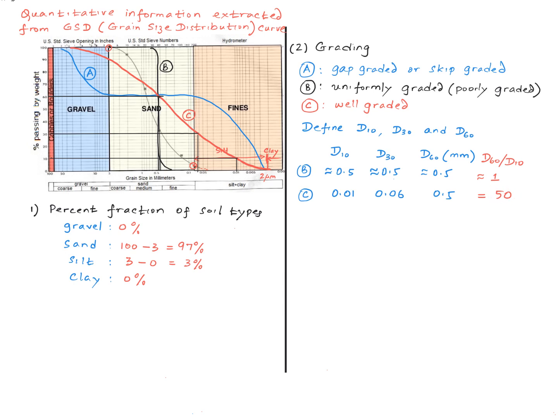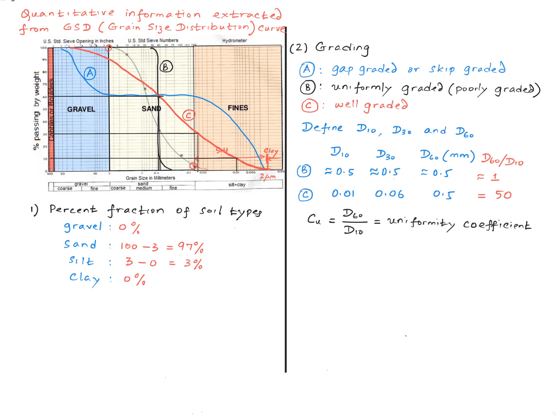Now remember, soil with curve C is supposed to be a well-graded soil, and soil with curve B is supposed to be a uniformly graded soil, right? So the drastic difference in these numbers suggests that this ratio could be used to quantitatively identify these. In fact, this is what is done in the Unified Soil Classification System.